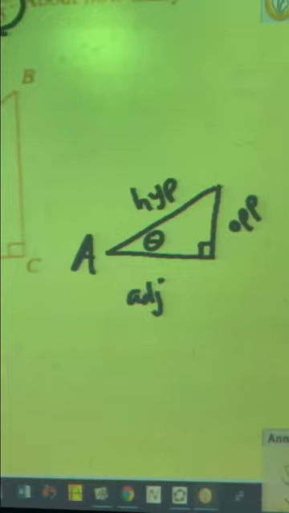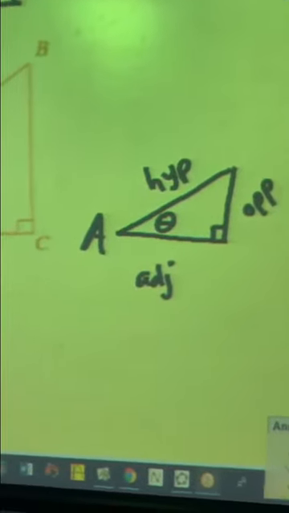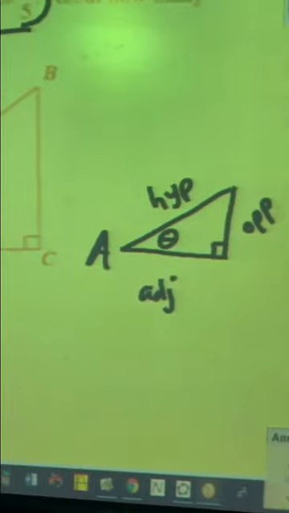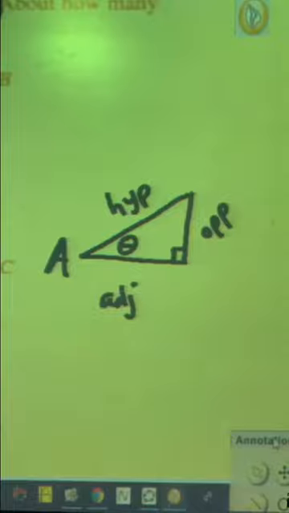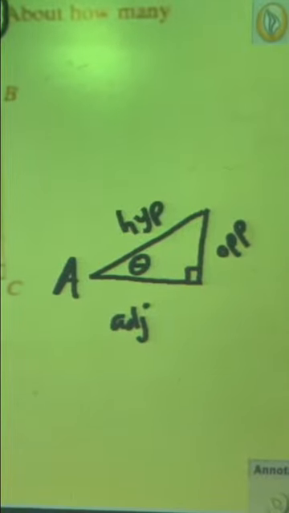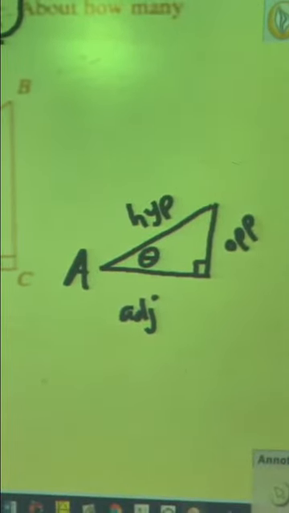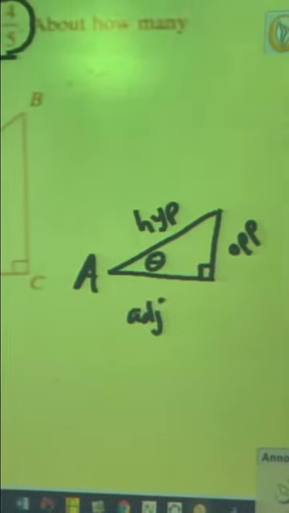And what I say, I still stand on firmly. If you label your triangle, you're putting yourself in the best position possible. So we have my triangle labeled. I know what my cosine is. Remember, you have to know your labels. You also have to know your functions. Cosine is adjacent over hypotenuse.